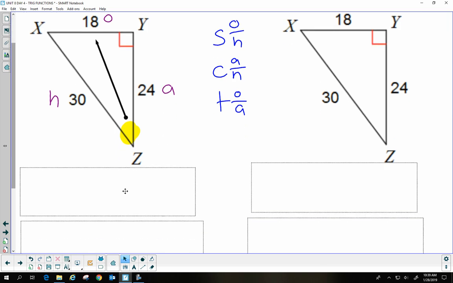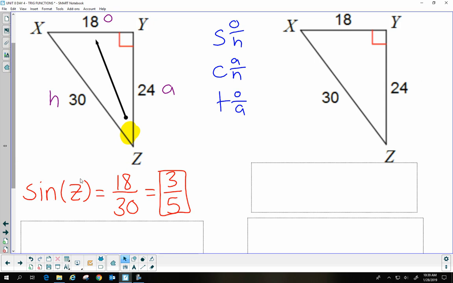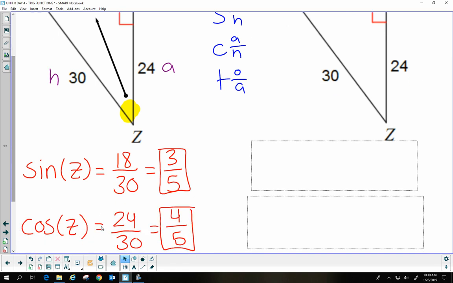So the sine of z, and you'll see I put z in there, is the opposite side 18 divided by the hypotenuse 30, and then I simplify that to 3 over 5. The cosine of z is the adjacent side 24 divided by the hypotenuse 30, which simplifies to be 4 over 5.